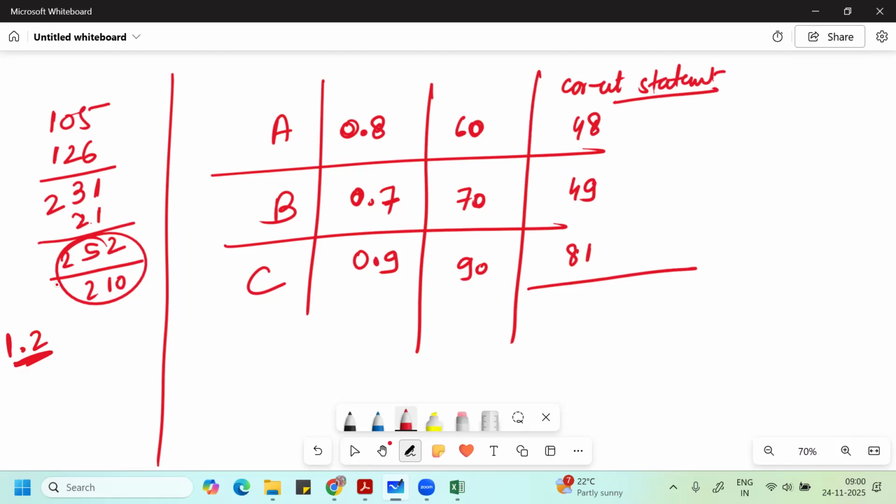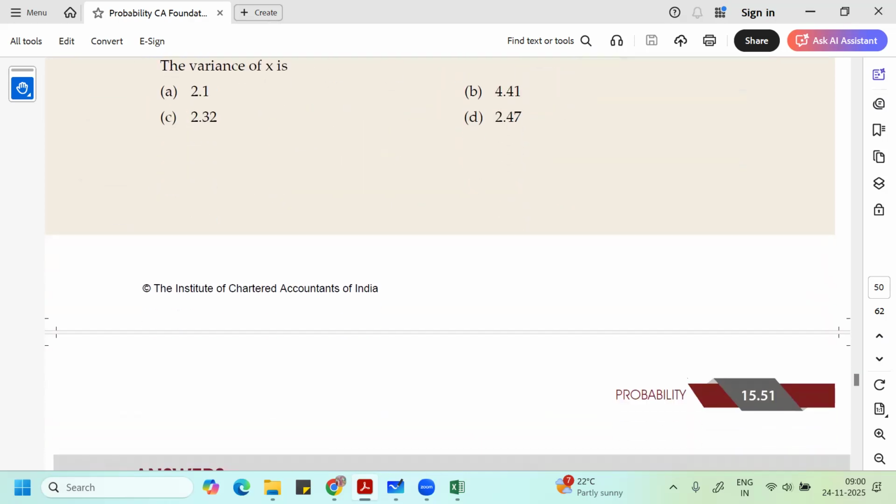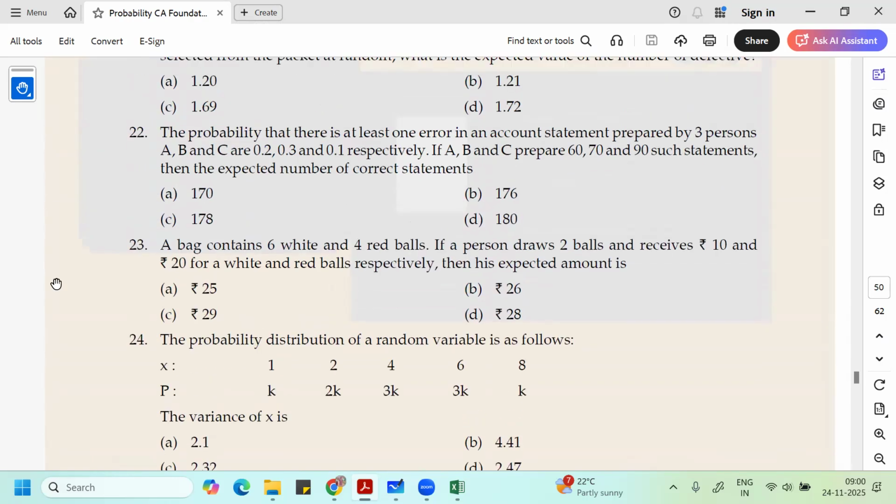If you add these, 8 plus 9 is 17, 1 carry, then 8 plus 4 is 12, plus 1 is 13... the total expected number of correct statements would be 178. Question 22 answer is option C, which is correct, 178.